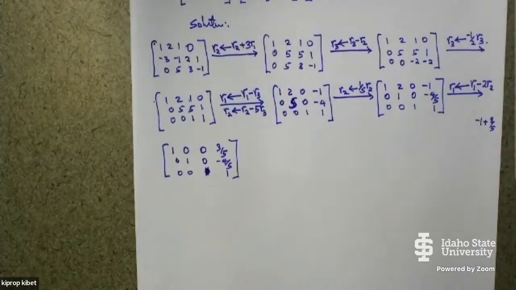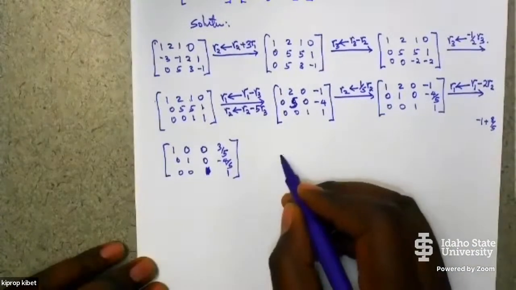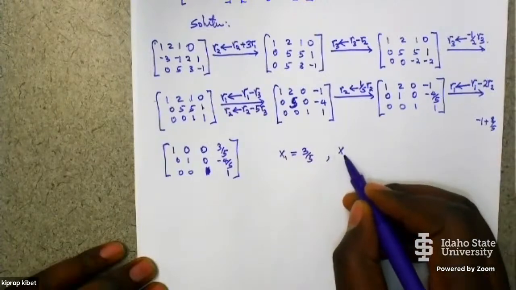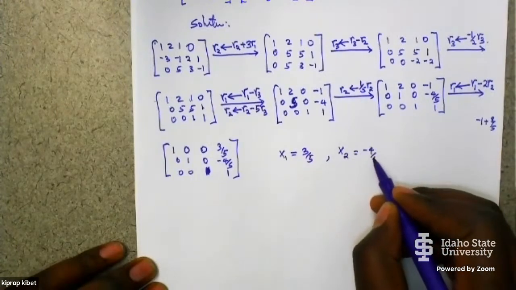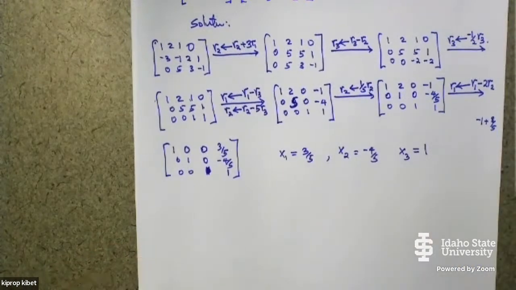Okay, now to write this back as a linear system, what do you get? We get x1 equals 3 over 5, x2 equals -4 over 5, and then x3 equals 1.